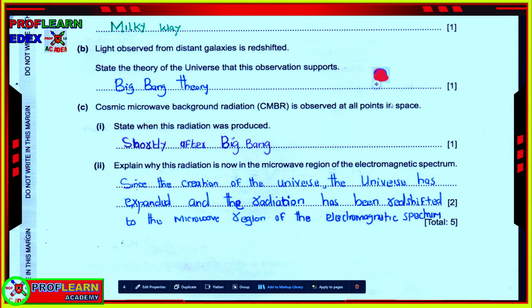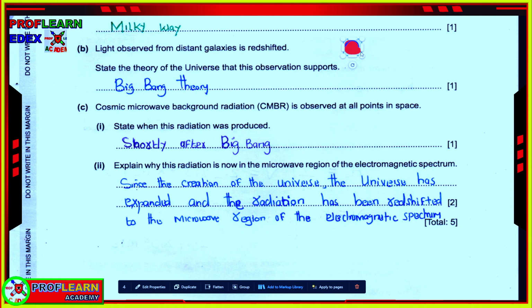And there is different evidence that tries to justify this. One of them is the redshift that is observed from the light emitted from the galaxies, which indicates that the universe is expanding up to this time.